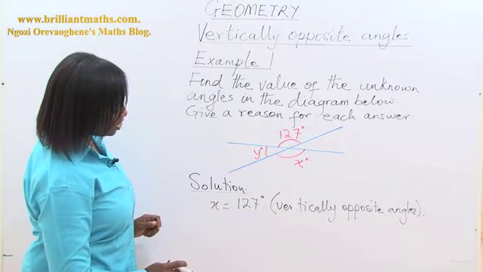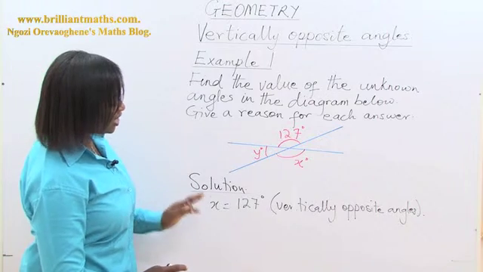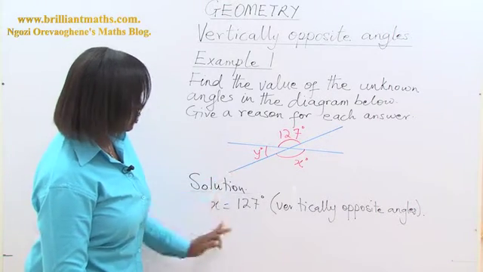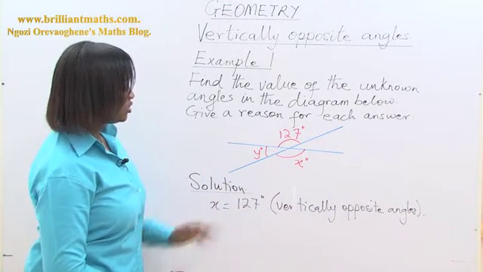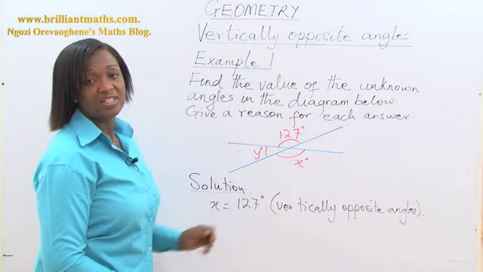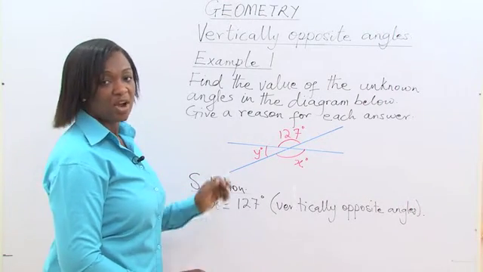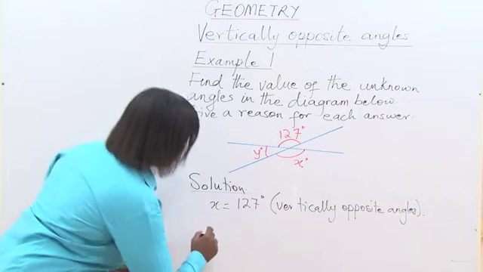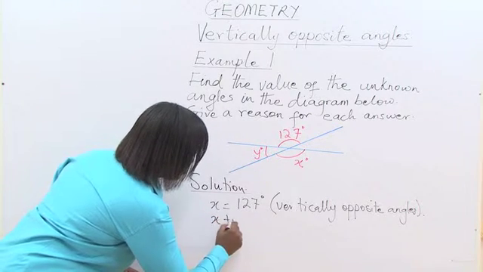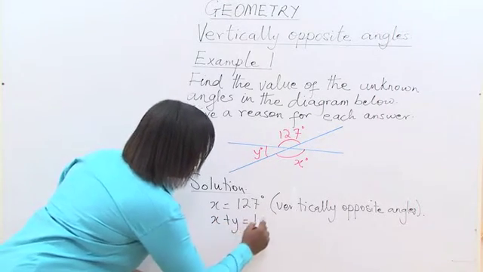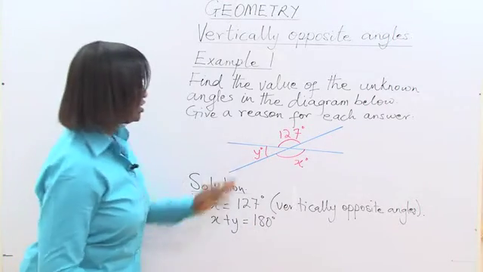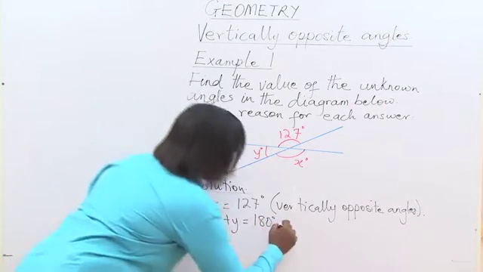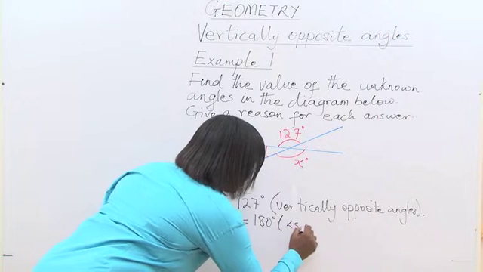And if x plus y is 180 degrees, that means that x is equal to 127 degrees. So y will be equal to 180 degrees minus 127 degrees. X plus y is equal to 180 degrees. The reason is angles on a straight line.